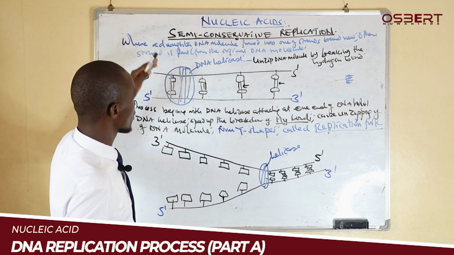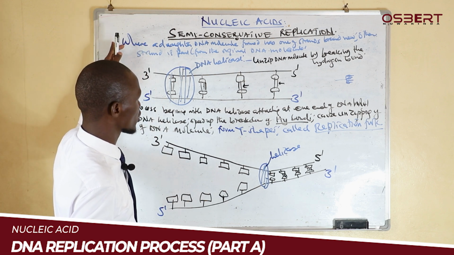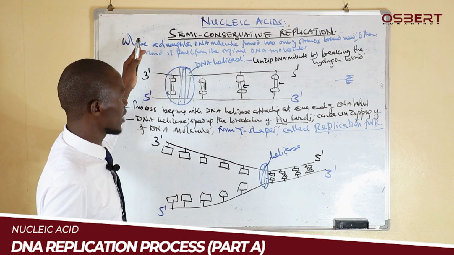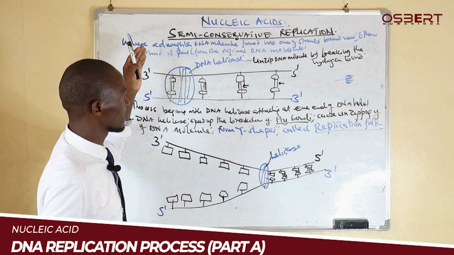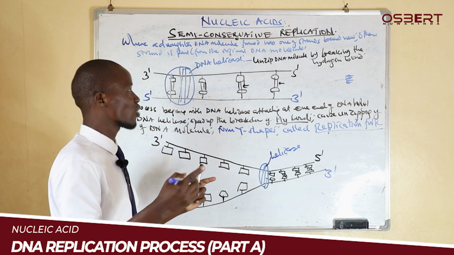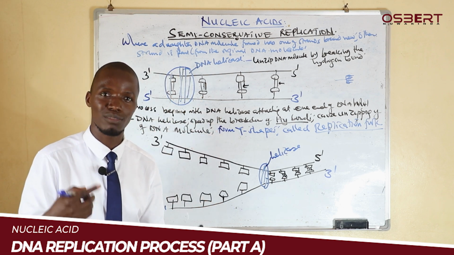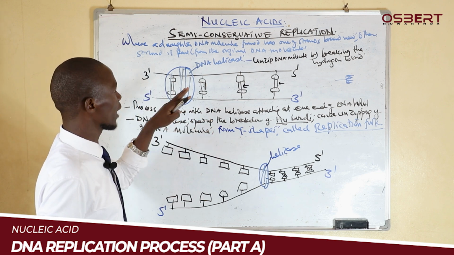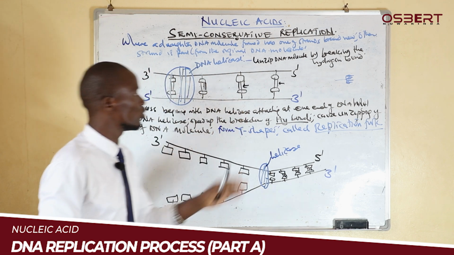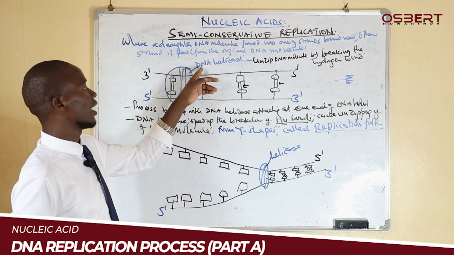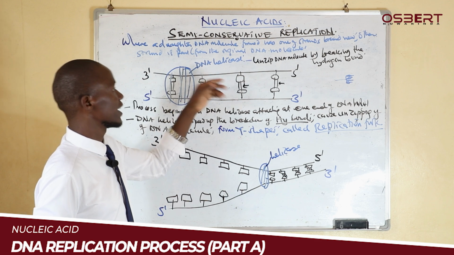So in this lesson, we have begun by describing what DNA is, and what semiconservative replication is, where one DNA molecule is broken down to form two DNA molecules, but in each of these two molecules, one strand is the original and another strand is brand new. We have seen that for DNA replication to take place, we begin with the enzyme called DNA helicase.